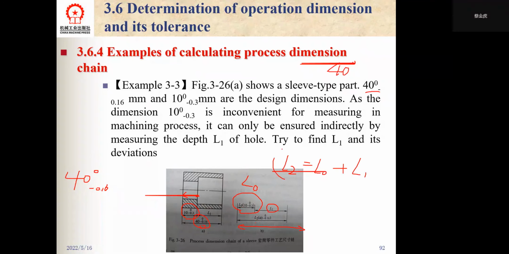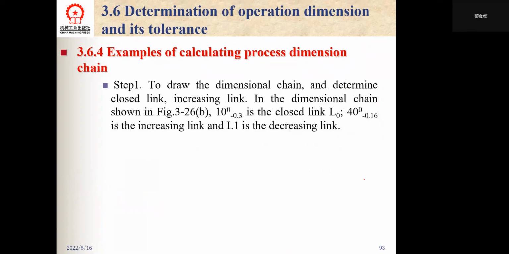If L2 is a constant, then L0 and L1 will vary in opposite directions. So when L0 is the closed link, L1 will be the decreasing link. So we're clear.